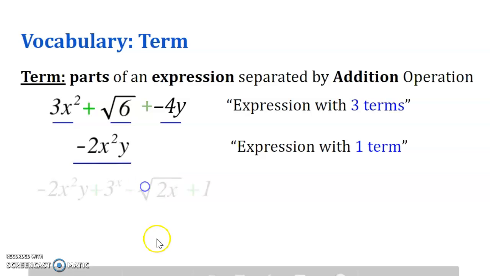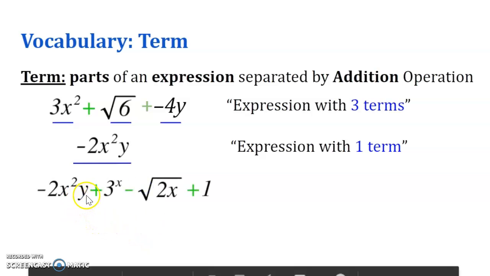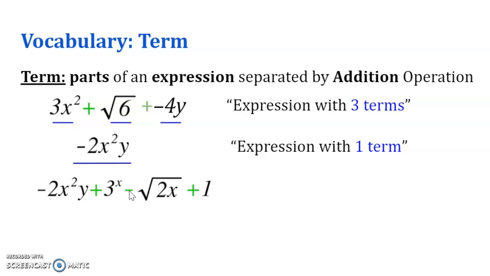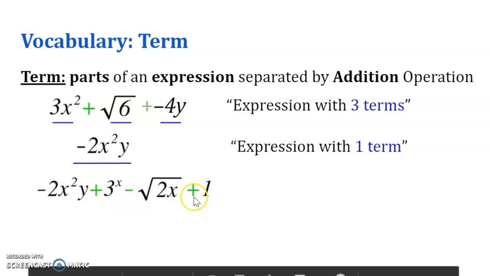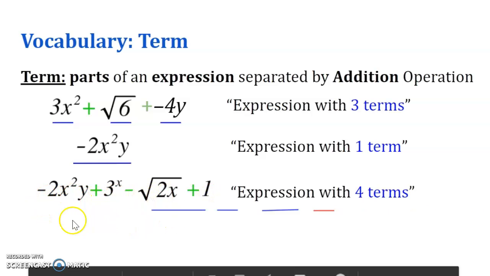Okay, what about this? Okay, so we are looking for addition symbols or subtraction symbol would work too because subtraction really is addition of its opposite. So we're looking for addition or subtraction operations. So that means we have, how many terms do we have? 1, 2, 3, 4. 4 terms.